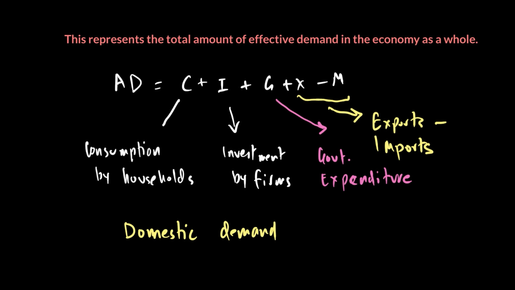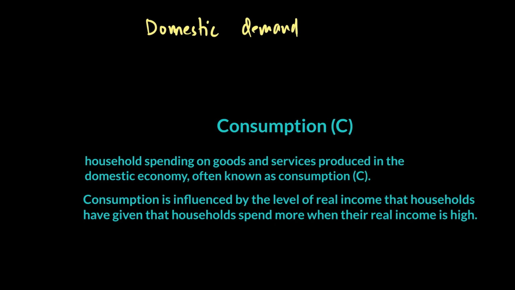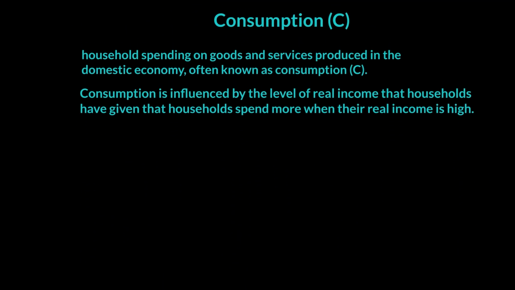And one could argue that this consumption is influenced by the level of real income in an economy, like how much income an economy earns after taking into account inflation. And the higher the income, when the income goes up, the higher this consumption will be, because people will have more money to spend on goods and services.